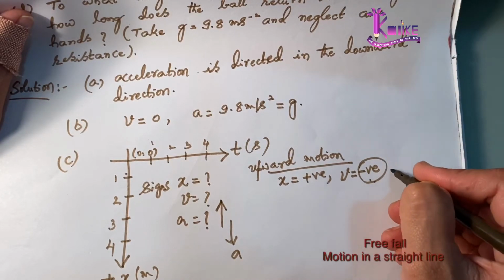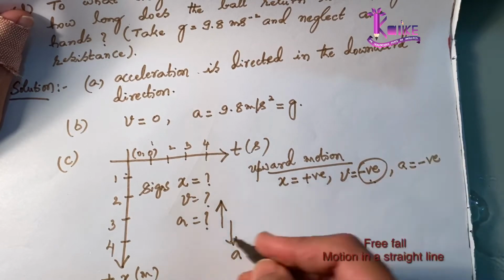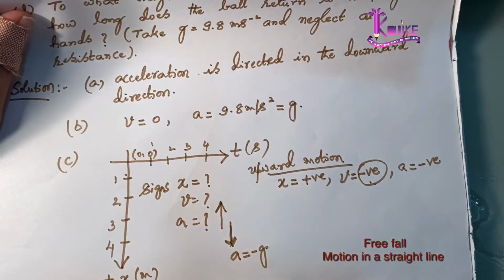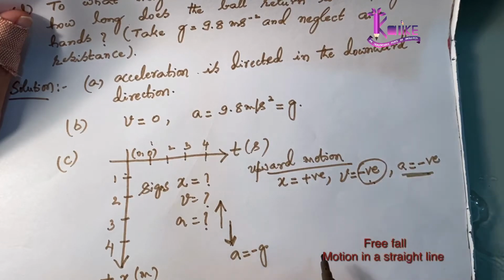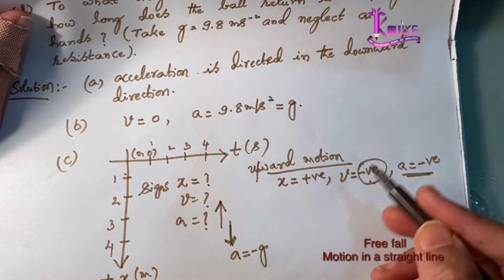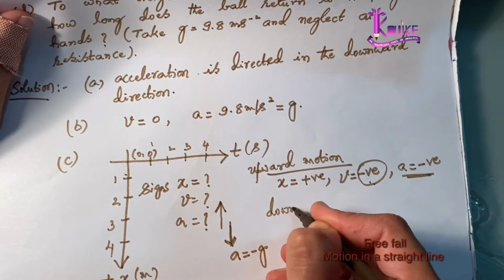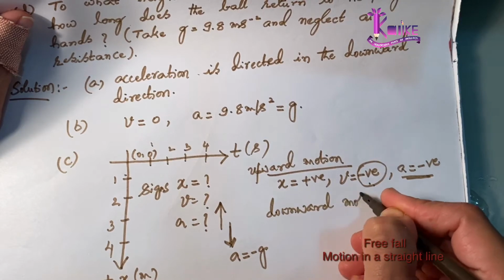Now what will happen to the acceleration? Acceleration, irrespective of the motion, always remains negative, because we always take the acceleration as minus g during a free fall. So you can always write it as negative irrespective of the upward or downward motion. Now what will happen during downward motion, right?